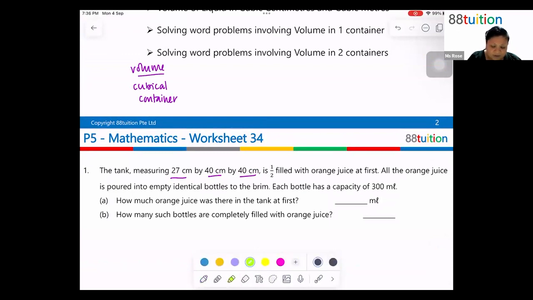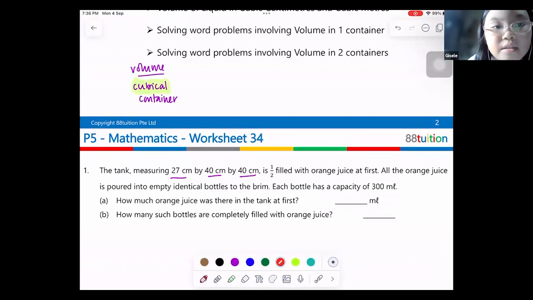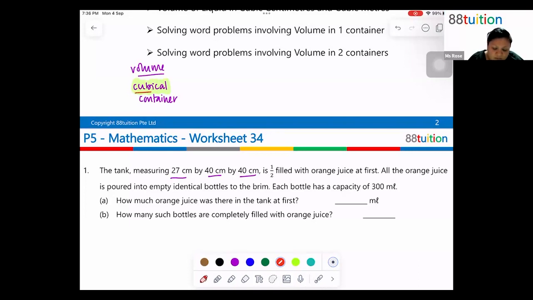What does it mean? It has the same result. Equal. Okay, so it comes from the root word cube.